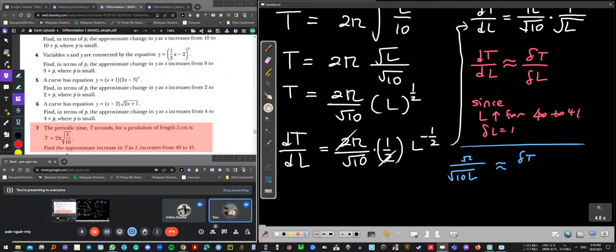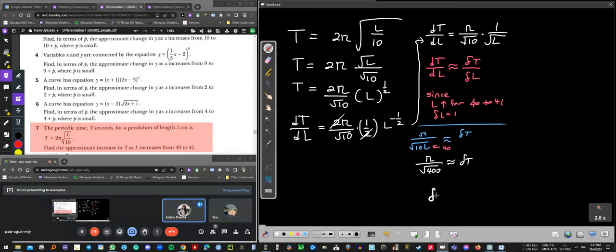So I'm gonna substitute 40 dekat dalam L, so dia akan jadi pi over set 400 roughly equivalent to delta T. So set 400 berapa? Nombor cantik tu. Ya, so delta T adalah bersamaan dengan pi over 20.